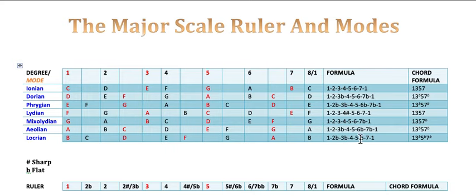F has been flatted. It doesn't fall under 5. And here the 6th, G has been flatted. And A has been flatted as well. So you can see that it's 1, flat 2, flat 3, 4, flat 5, flat 6, flat 7, 1.